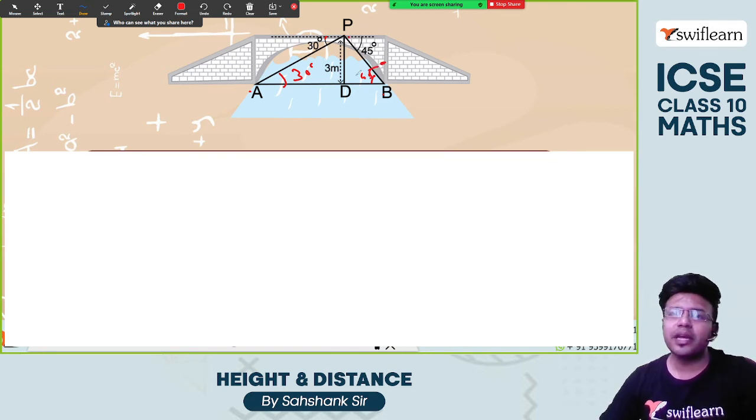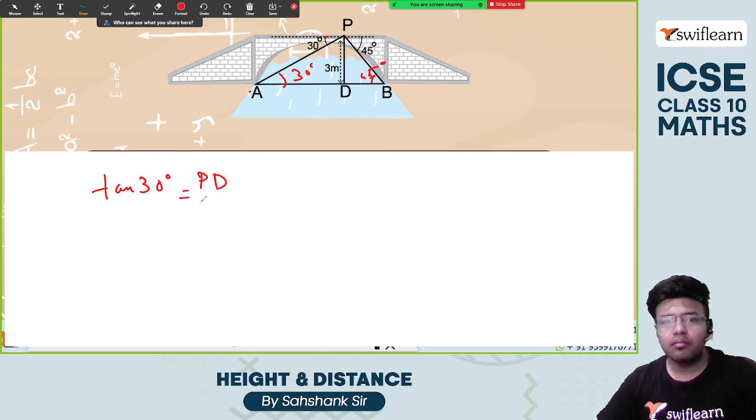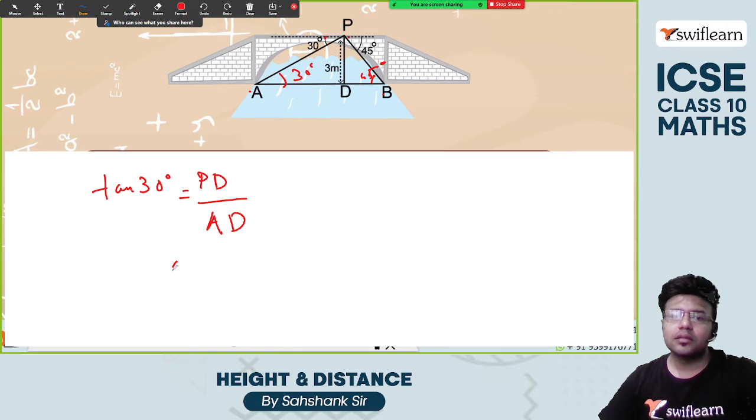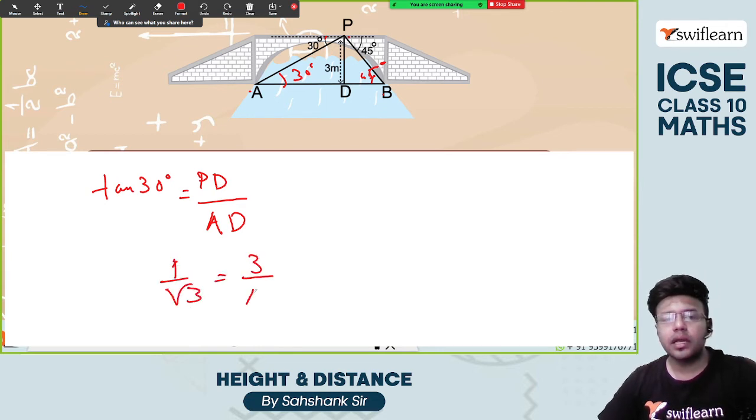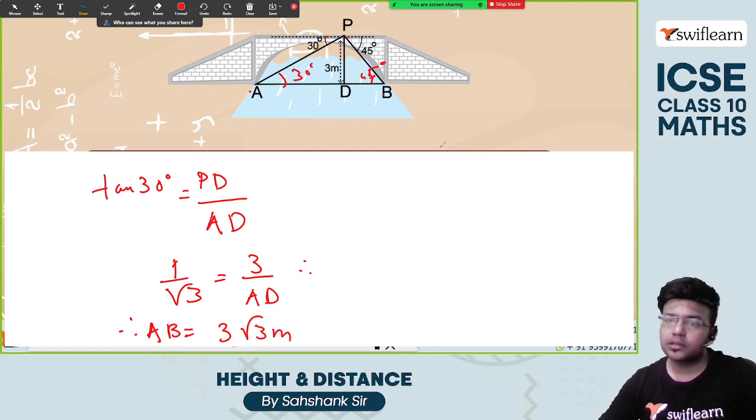From triangle PDA, tan 30 is equal to PD by AD. So tan 30 is 1 by square root 3, PD is 3, and AD is unknown. Therefore, AD is equal to 3 square root 3 meters.